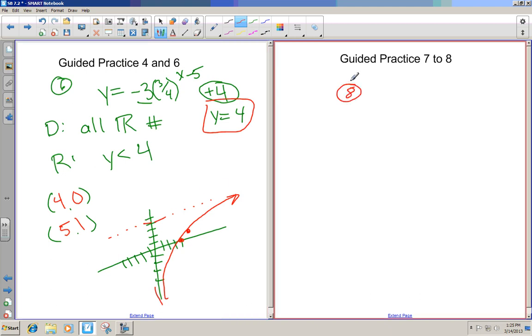Let's look at number 8. I'm just going to write some of the information down for you. It says it's decreasing 7% each year. After 3 years, the new value is $3,000.